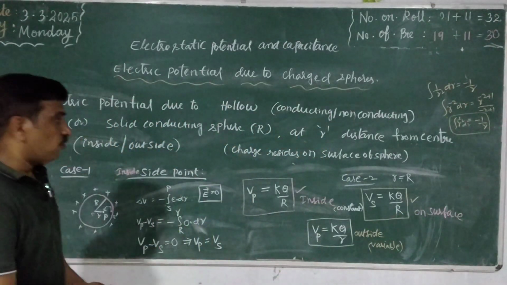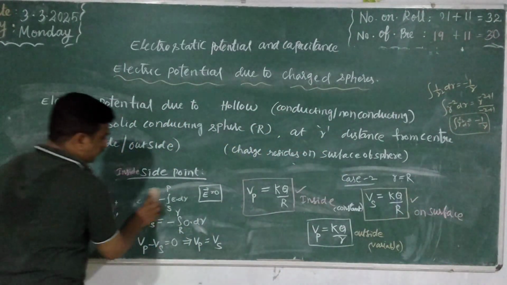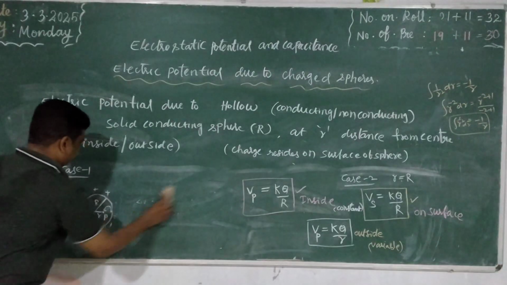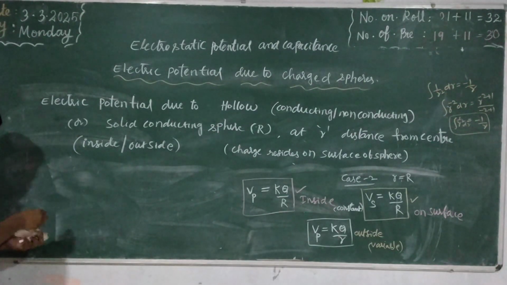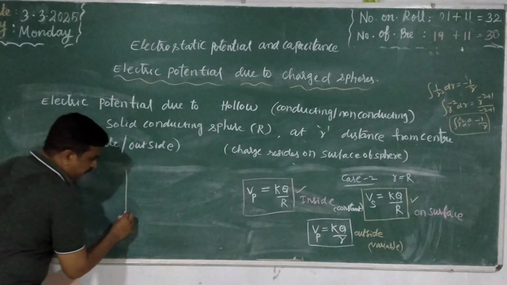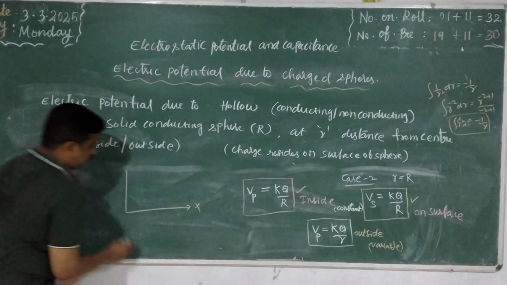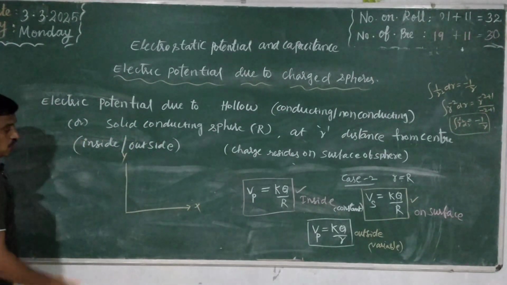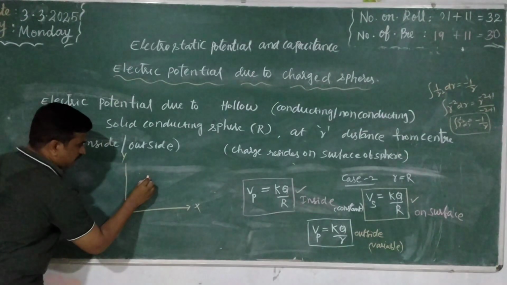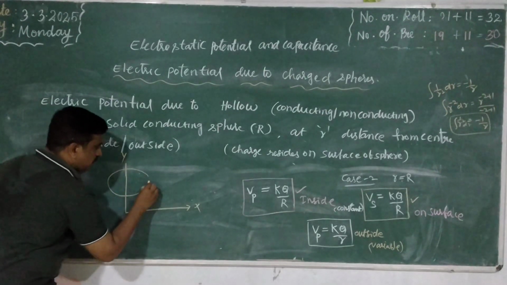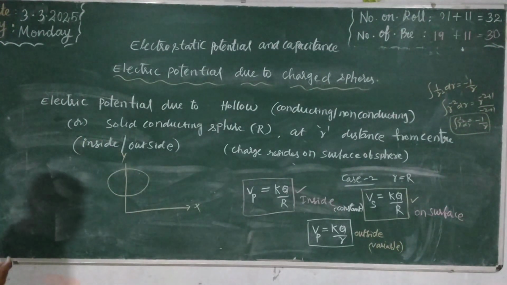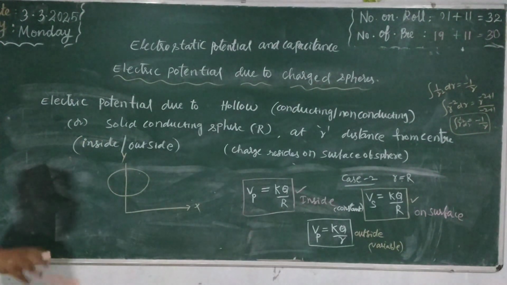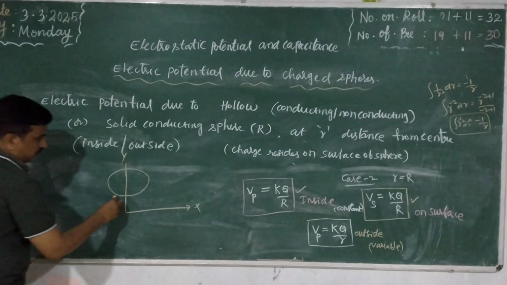For this we can draw the graph. See, this is the x axis, this is the y axis. On the y axis we can take the sphere, it is a solid conducting sphere or hollow conducting or non-conducting sphere.